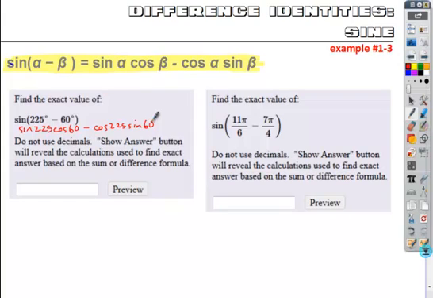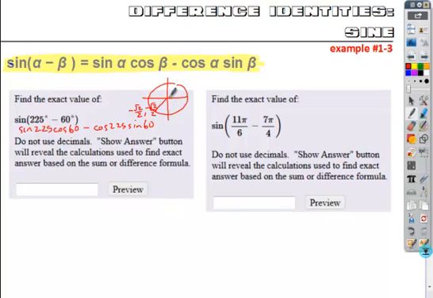When you are working through these, again, refer to the unit circle. You have an angle of 225, which is right down here, negative root 2 over 2, and negative root 2 over 2.